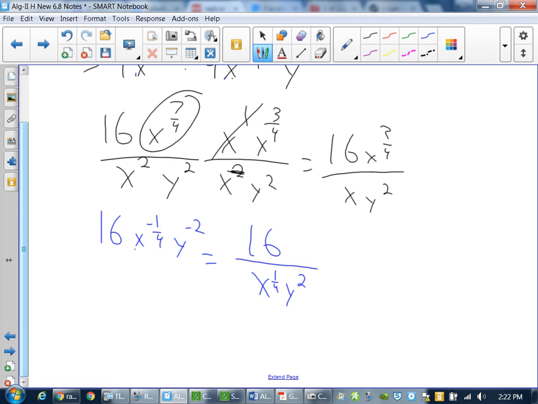And now from here, you would have to rationalize. How do I create a whole from a 4th? How many more 4ths does it need? 3 of them. This is where you would multiply top and bottom by x to the 3/4. 3/4 and a 4th create a whole. There's your x squared. That is 16x.